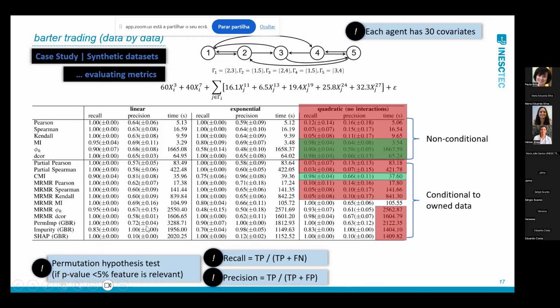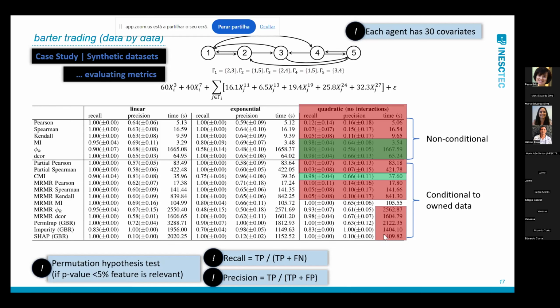To conclude, there are metrics like these ones. They have good performance, but then computation time is a bit exaggerated. And if we have a data market with hundreds of agents and we have to update it every hour, because it happens in power systems problems that we need to generate new forecasts every hour.